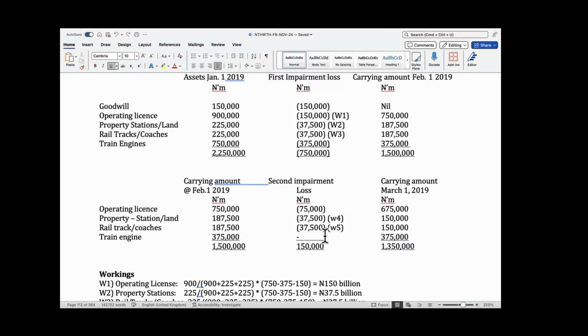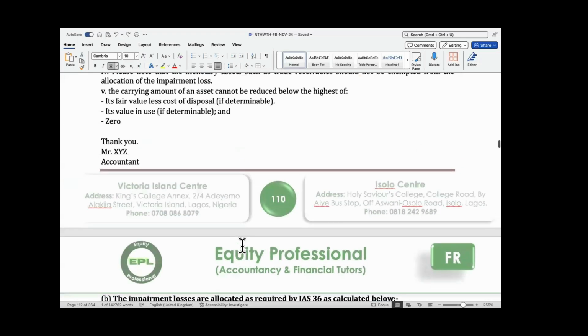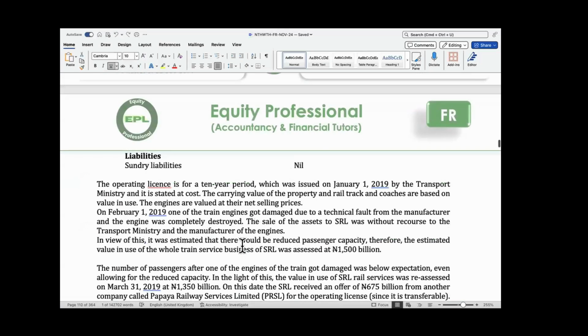In fact, you must not reduce it below its selling price, right? And if you look at this train engine, they told us in the question that is their selling price. Let me show you. You might have forgotten.